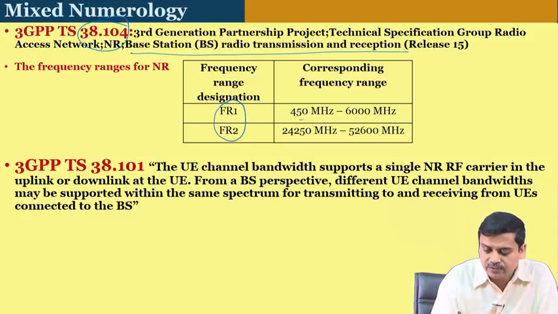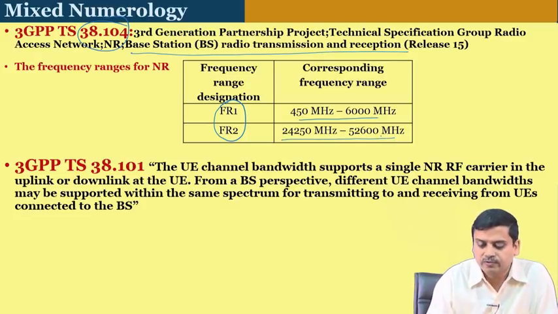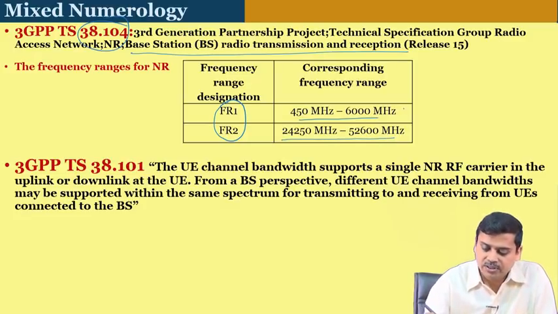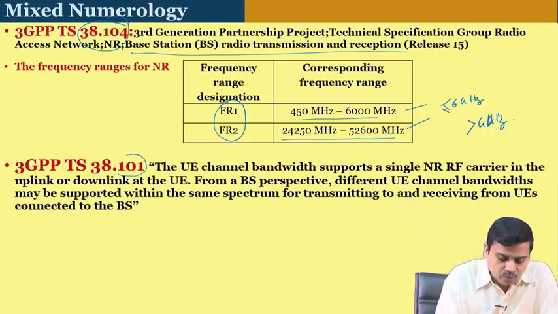Frequency range 1 is from 450 megahertz to 6 gigahertz, and the next one is from 24 gigahertz to 52 gigahertz. So, there are two different ranges over which things are going to happen. Usually, these are referred to as less than 6 gigahertz and greater than 6 gigahertz frequency. Okay.